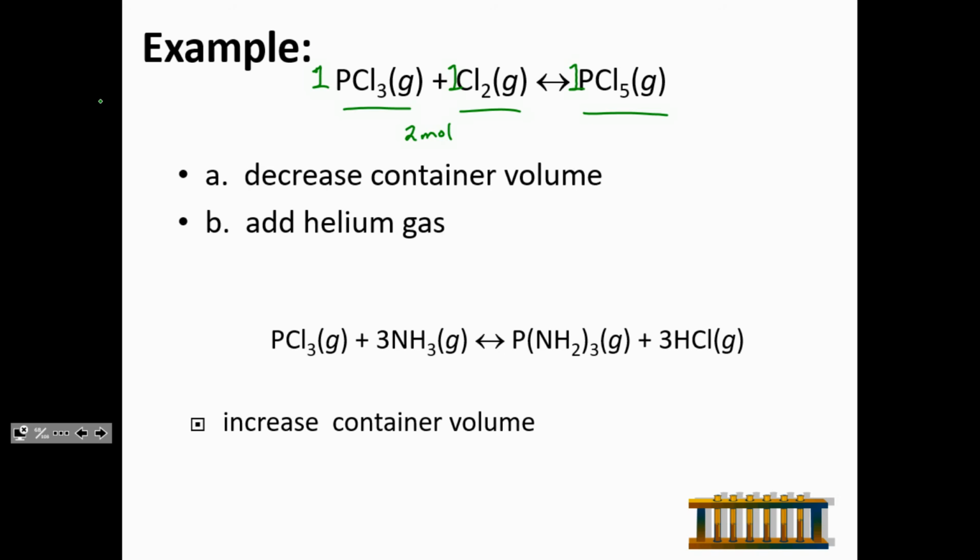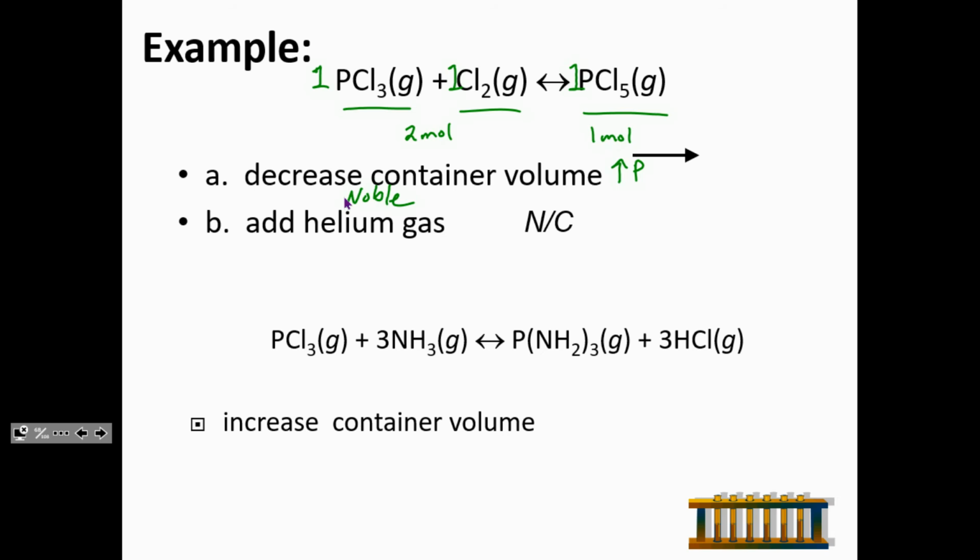And there's also a 1 here, so there's 1 mole on the product side. So if we decrease the container volume, that's increasing the pressure, which would shift to the side that has fewer particles. If we add helium gas, that's inert, that's a noble gas, so no change.